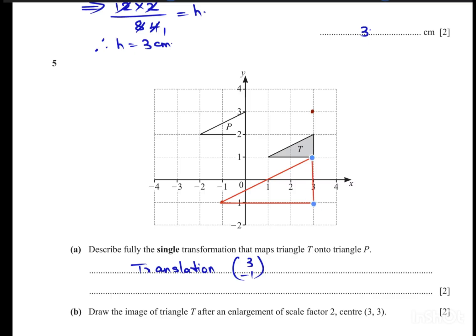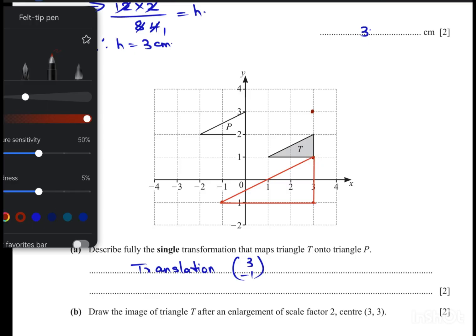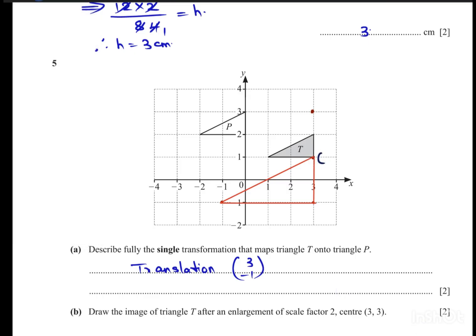Now write down the coordinates of each vertex. This is (3, 1), this is (3, -1), and this is (-1, -1). Question number 5 is done.